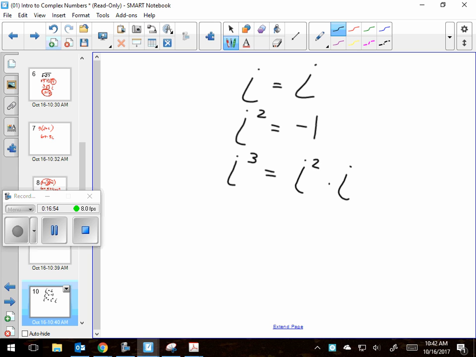If I put a 1 here, you can see that that's actually equal to that. And if it is equal, then I know that this part's equal to what? What's i squared again? -1 i.